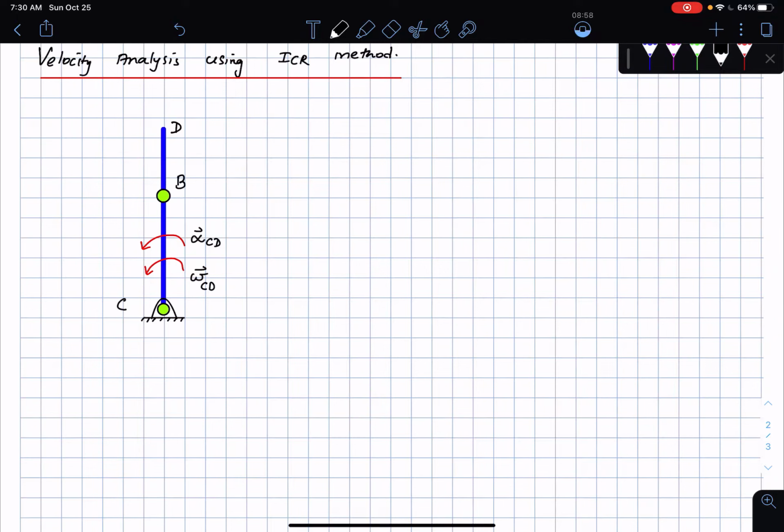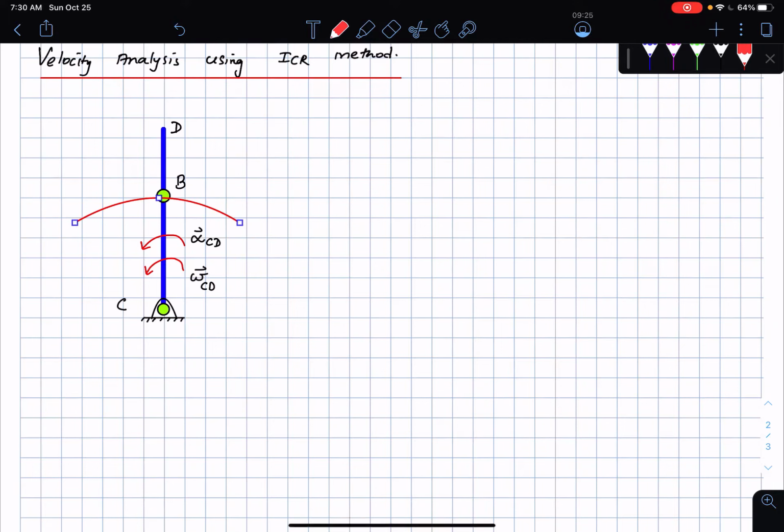Okay, now from common sense, we can see that since the point C is a fixed point, this entire bar has to be rotating about the point C, which means that at any instant in time, the path of the point B is going to be a circular path. Okay, so if I draw that circular path right down here, let me draw something that is approximately circular.